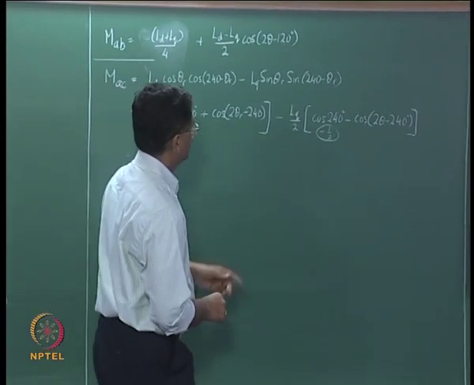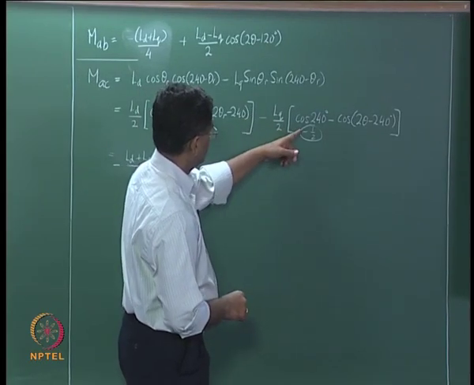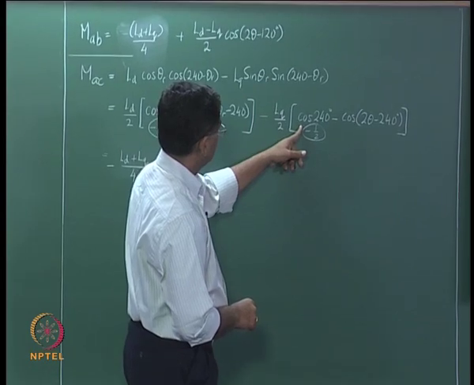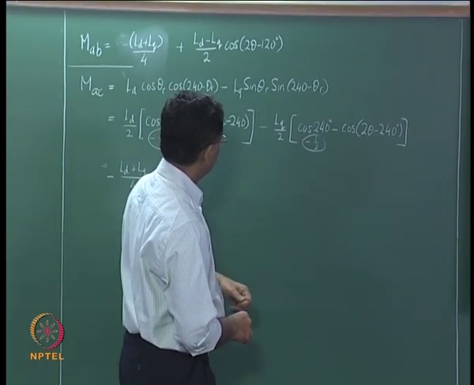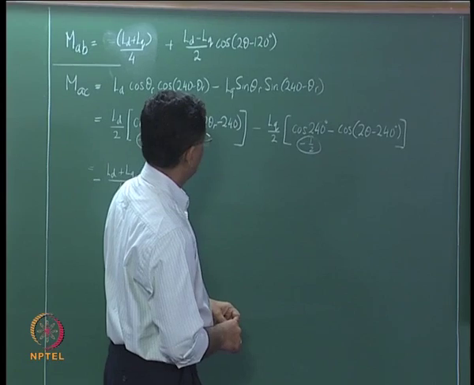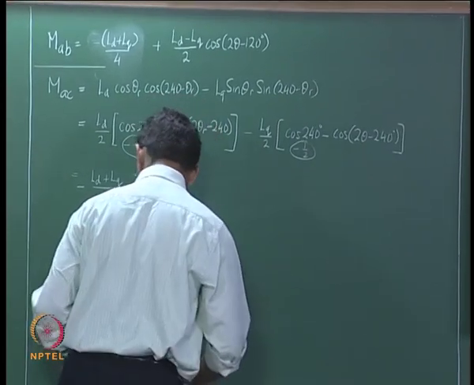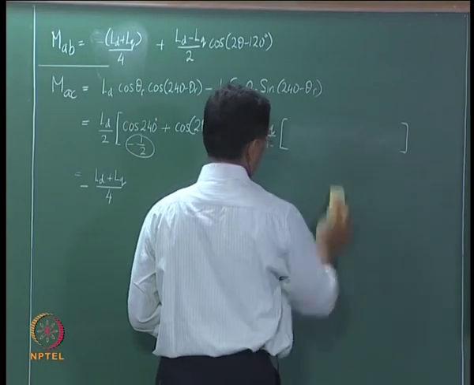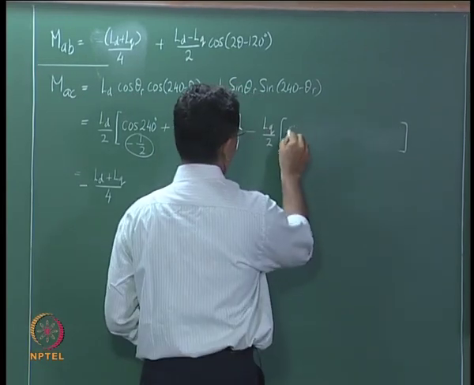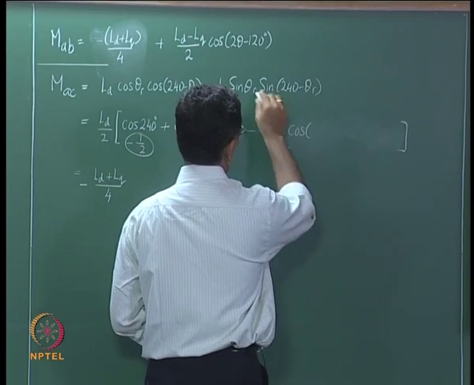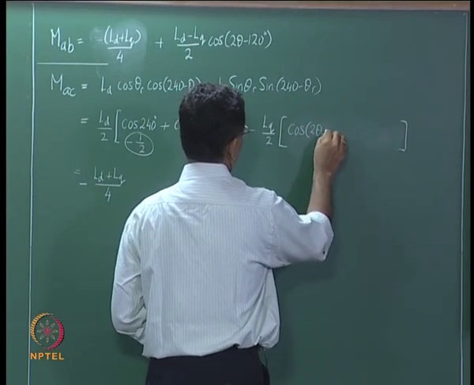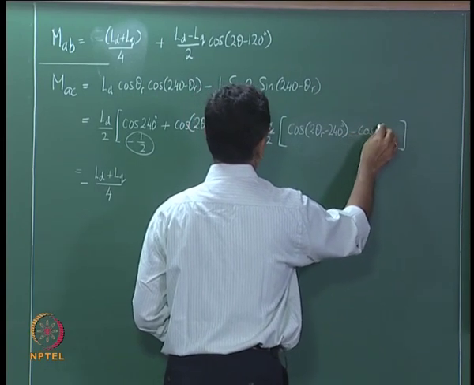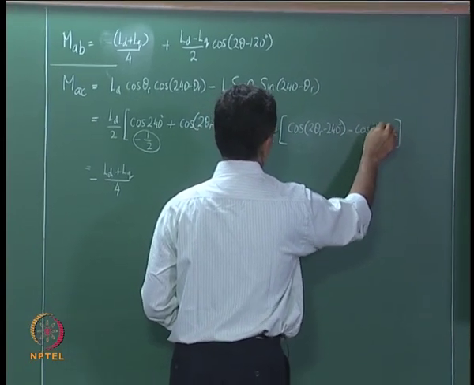This is cos of A minus B. There is some problem with the cos of A minus B minus cos A plus B. So it should be the other way around. Cos of A minus B is cos of 2 theta r minus 240 degrees minus cos A plus B, which is cos of 240 degrees.